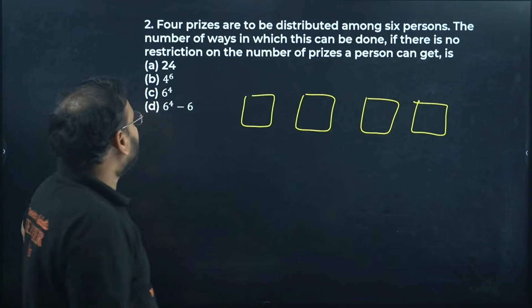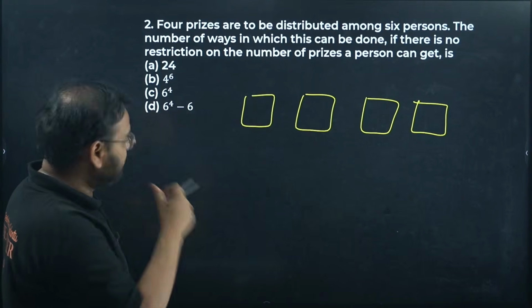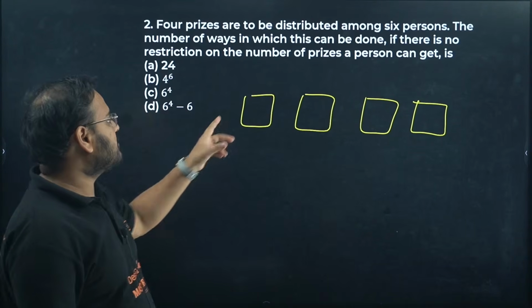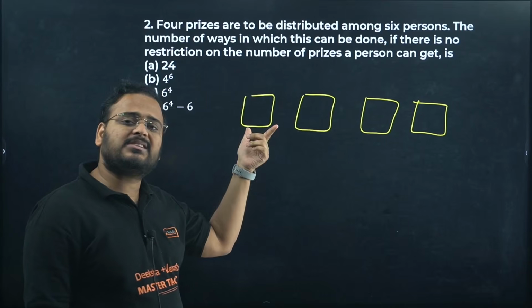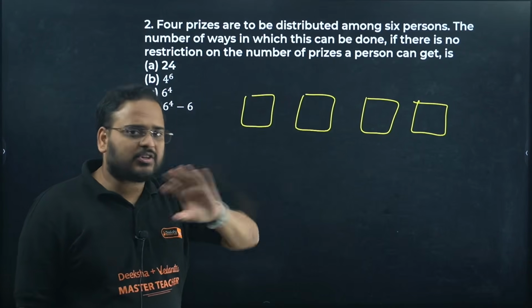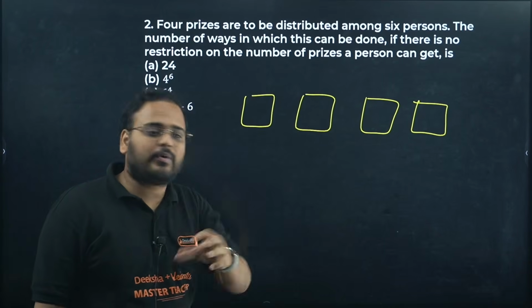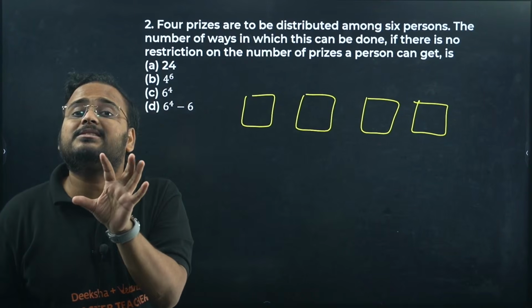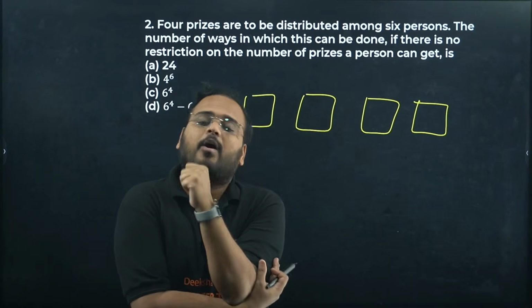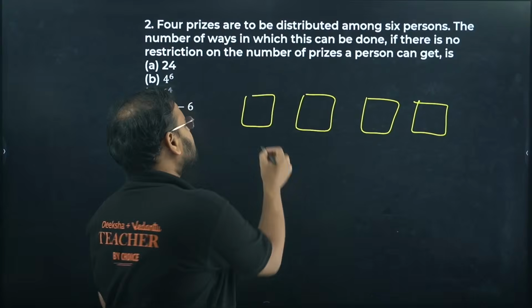The number of ways in which this can be done, if there is no restriction, means prize number 1 can be given to how many persons? 6 persons. There is no restriction. I can give the first prize to any of the 6 persons. So for giving the first prize, how many options? 6 options. There is no bias.